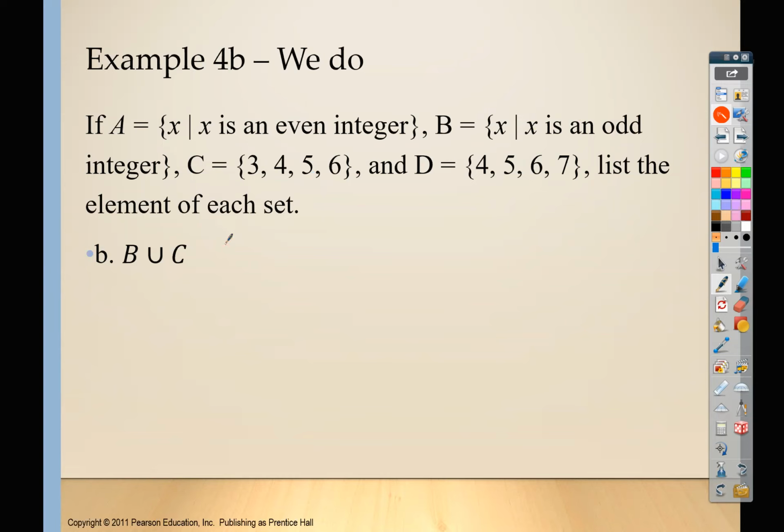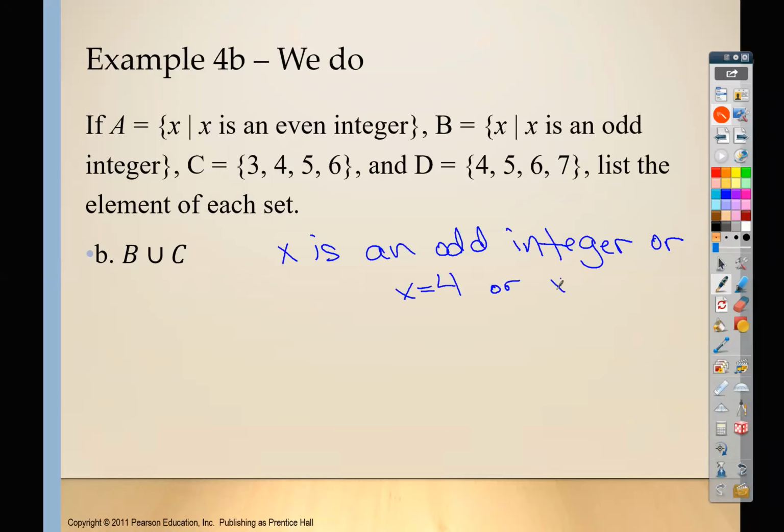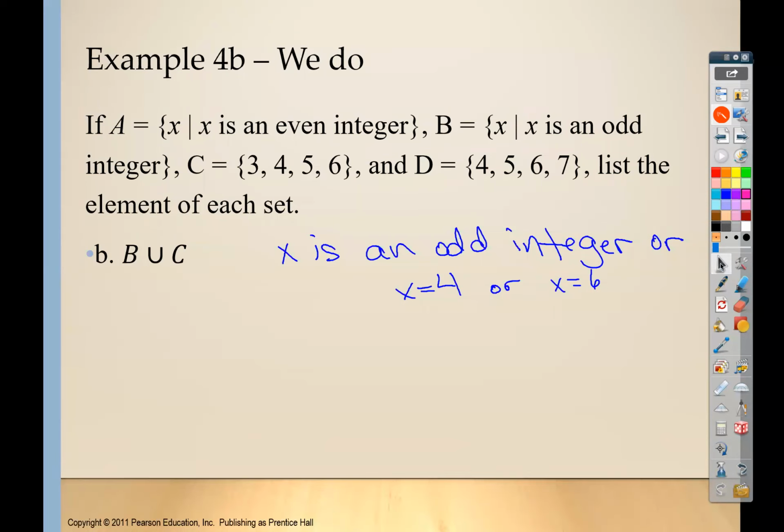All right, so you can't possibly list all the odd integers, right? So you just say x is an odd integer, because there's infinite. Or x equals 4, or x equals 6. So that's how you would have to write it, just because there's infinite numbers that are odd numbers. And there you go.